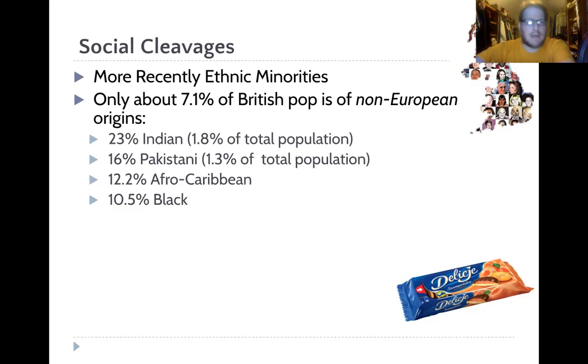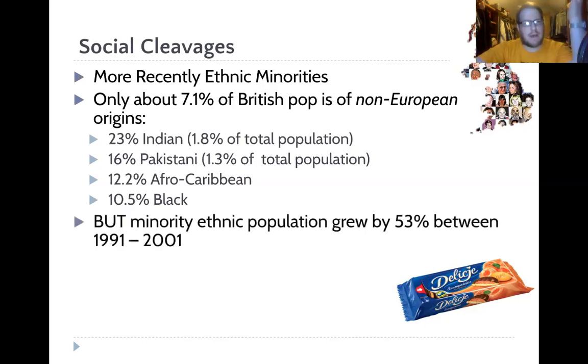So you're seeing some forms of this in terms of European minorities in comparison to folks who are English, Scottish, Welsh, Northern Irish. That has popped its head up as well.